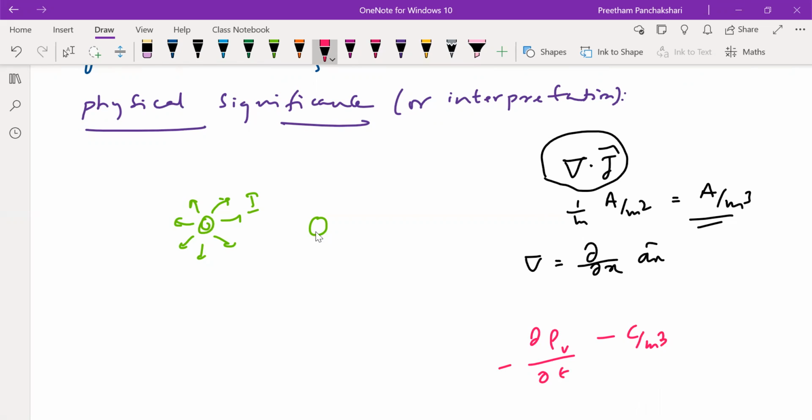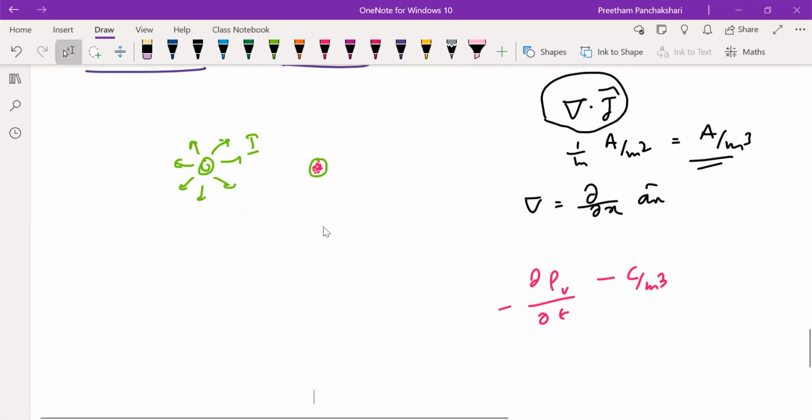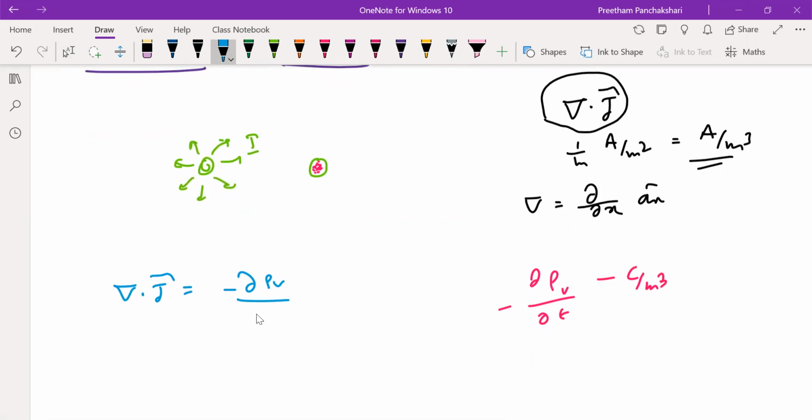That means if this point has a volume charge density rho v, then it represents the rate of decrease of charge per unit volume at this point. So based on this discussion, I would like to give the physical significance of the equation, that is del dot J is equal to minus dou rho v by dou t.